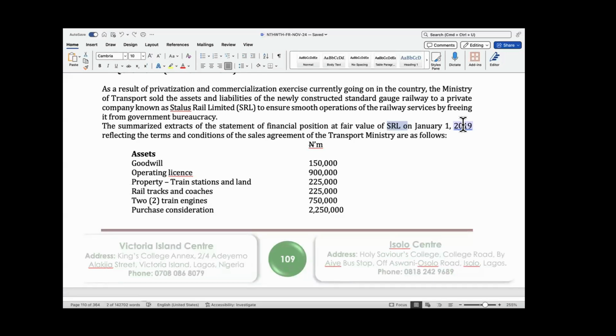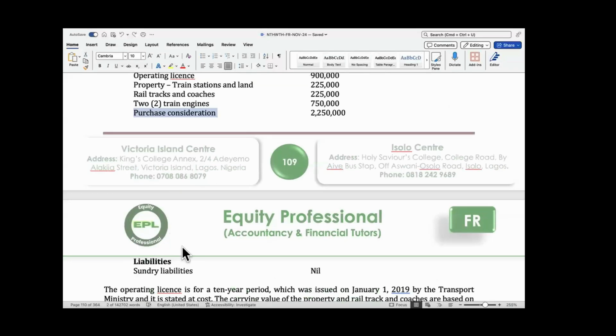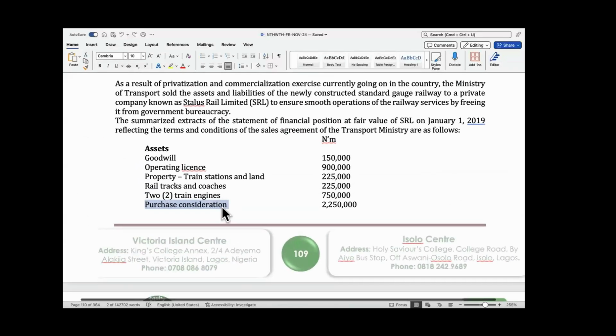So they gave us the statement of financial position of SRL. They gave us goodwill, operating license, property, wheel tracks, engine, and also the purchase consideration.